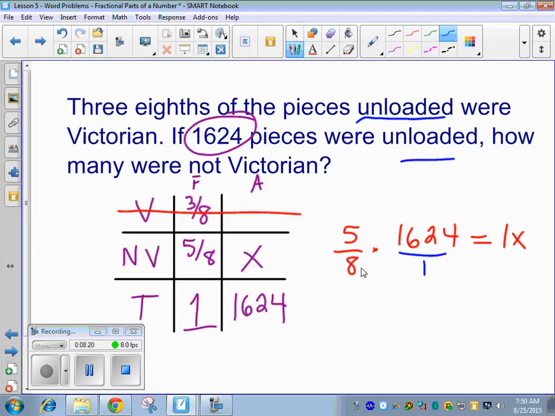How many times does 8 go into 16? Twice. How many times does it go into the 2? It doesn't, so there's a 0 there. How many times does it go into 24? Okay. And then we can do 5 times 203. What's that? Yeah, very good. 1,015.